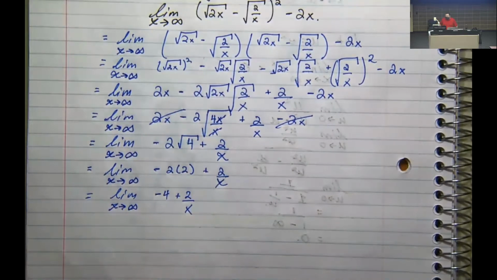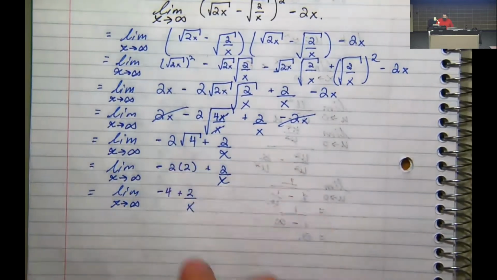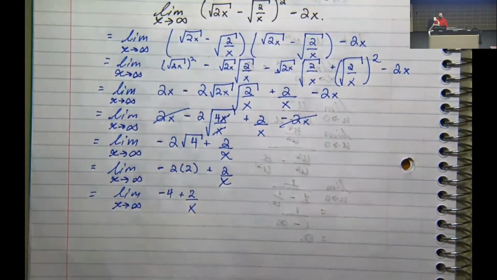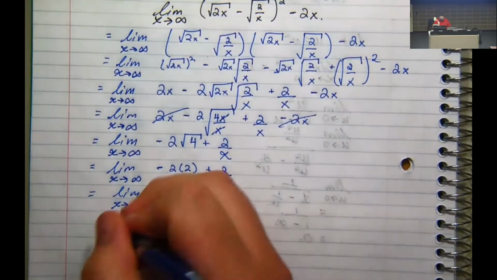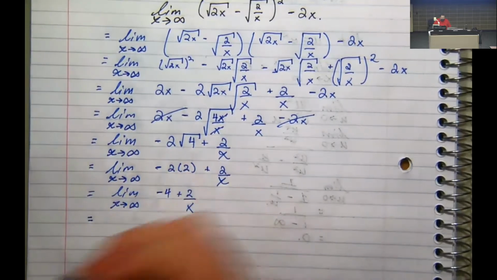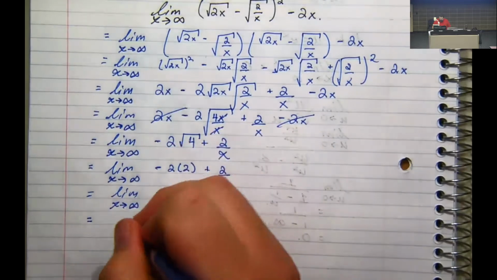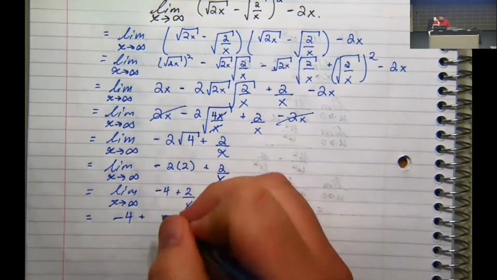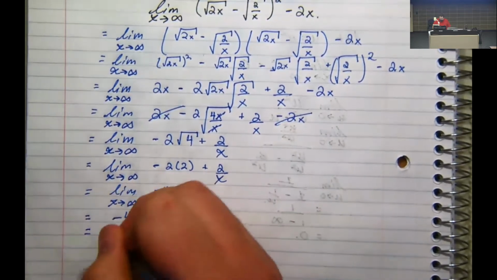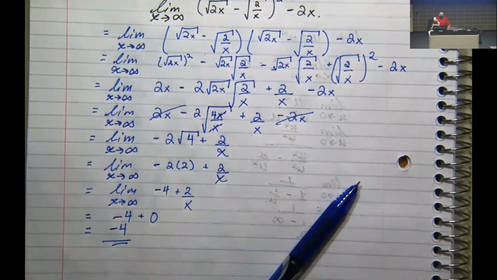Okay, so that's all simplified. There is still an x in this term, but if we sub that in, you have 2 over a number that's getting ever larger forever, it's going to tend towards 0. So we can just go ahead and sub that in, and I will try to pull up the limit law exactly right after this. So it's minus 4 plus 0, which is equal to minus 4, the evaluation for that.